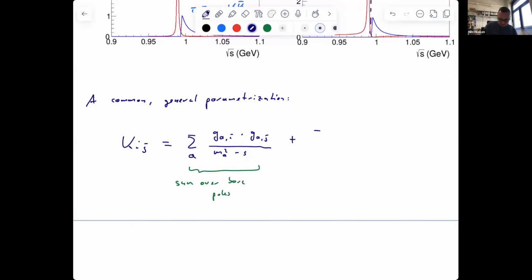And then mostly in literature, you will find that you're allowed to add a polynomial in s here. So we have a sum over K, some polynomial that can be channel dependent. So just imagine this as some, say, non-resonant amplitude that leads you from the initial state J into the final state I in the scattering. And so this can be a polynomial in the center of mass energy squared.